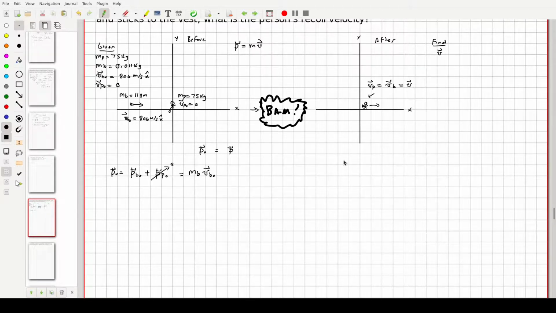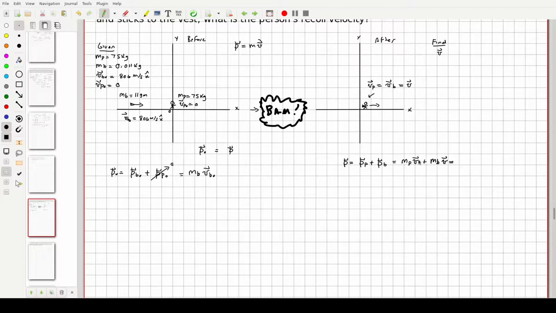Now, after the collision, we have the momentum of the person and the momentum of the bullet. The person's momentum is the mass of the person times the velocity of the person, which we noted is going to be the same as the bullet's. It's just v. The bullet, its mass times its velocity.